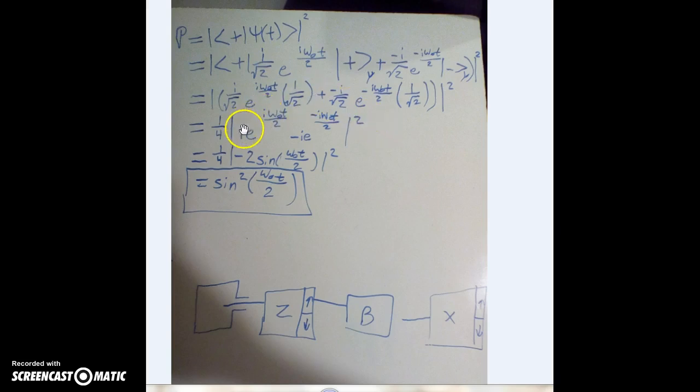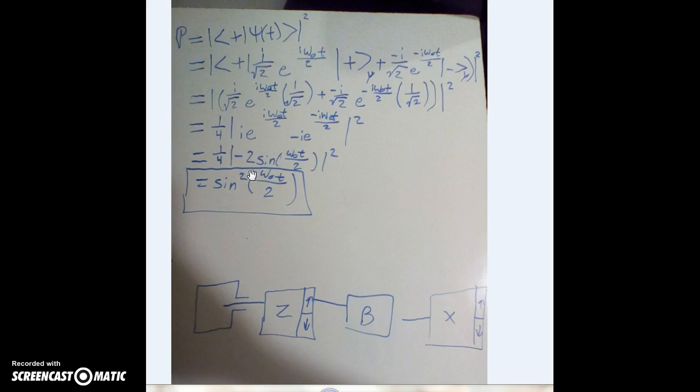And so we can use our knowledge of complex functions and rewrite this into a sine function, and it turns into negative 2 sine omega naught t over 2, and then we square that, and so the 4 cancels out when this negative 2 gets squared, so we're left with our probability of getting a plus h over 2 is sine squared of omega naught t over 2.